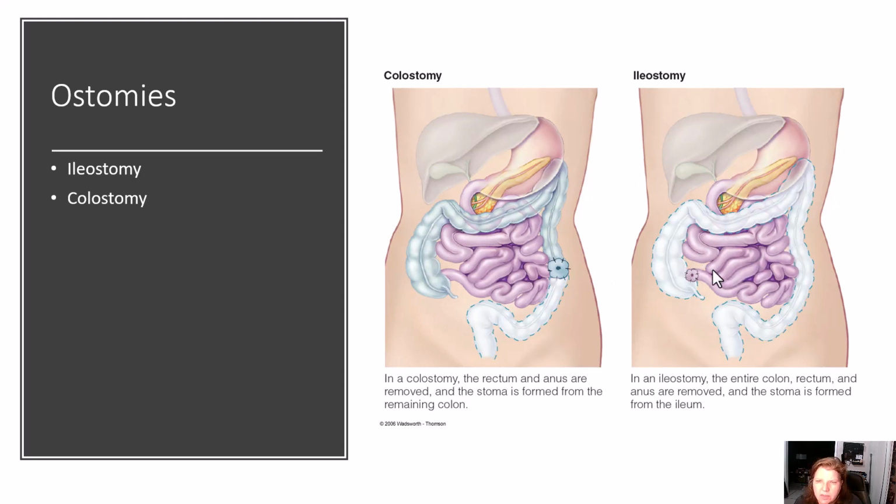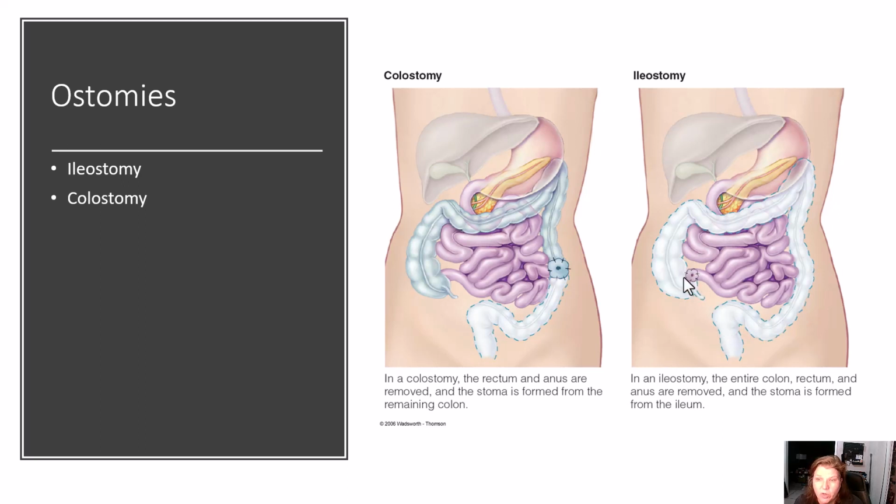For the ileostomy, we do have some issues here because we're not using any of the colon. And if you recall, the colon actually absorbs a significant amount of water and takes it back into the body. So we have to be a lot more concerned about fluid and dehydration in this population.